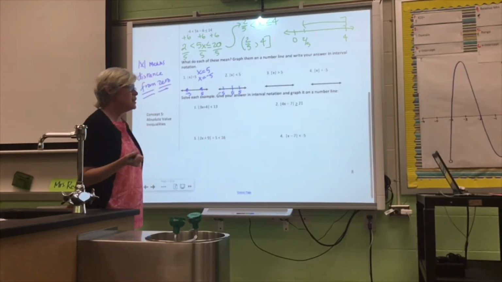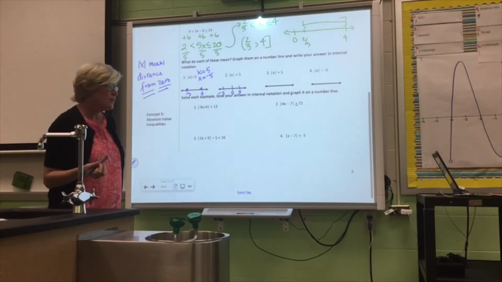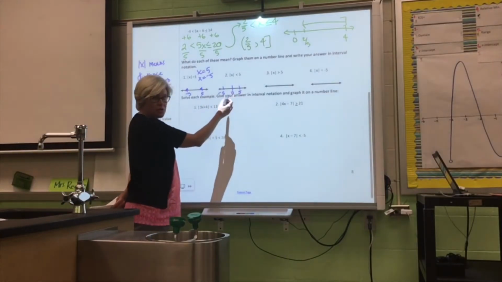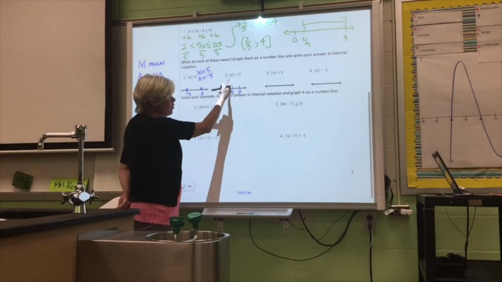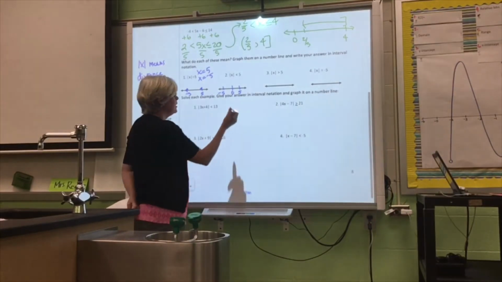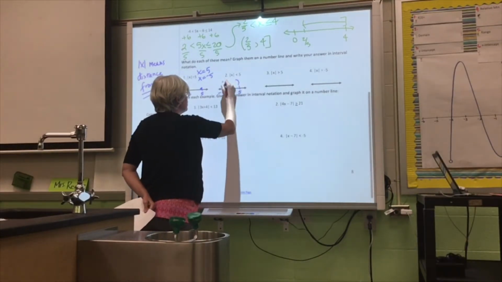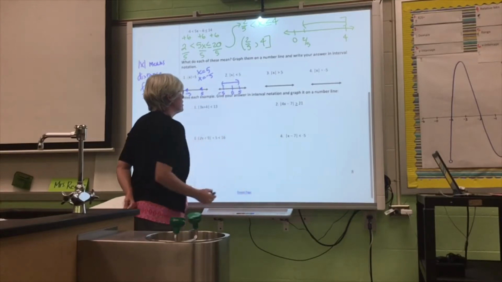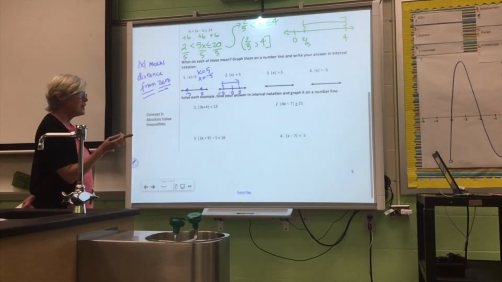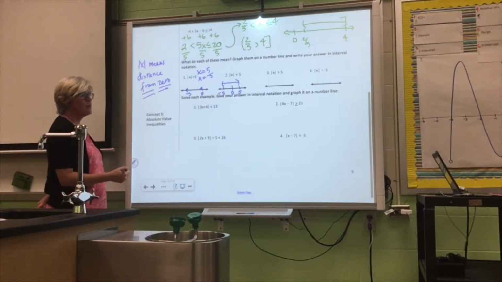So the distance to 0 is less than 5. That means it could be 1 or 2 or 3 or 4, all the way up to 4.999999. And the same way in the negative direction, obviously. So because it is less than, it's going to show up like this.